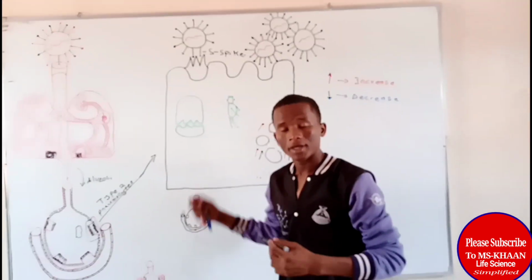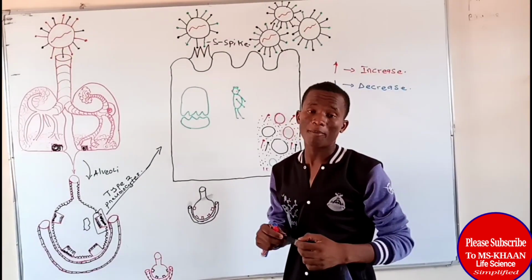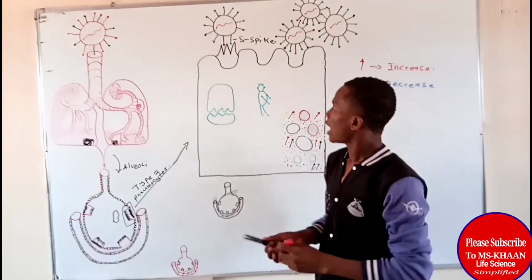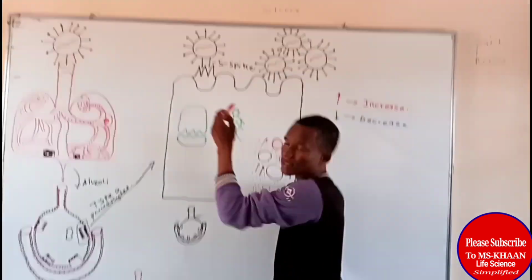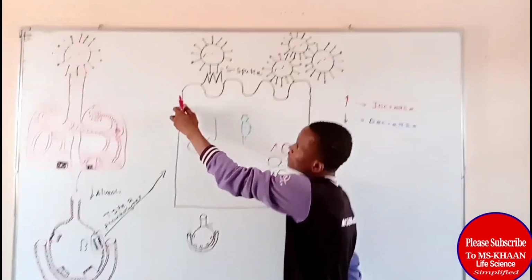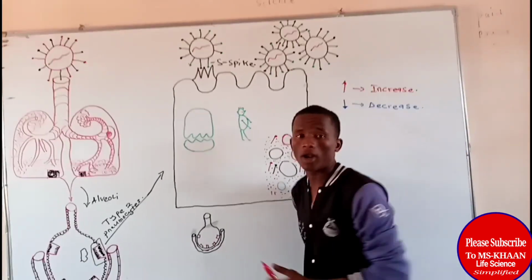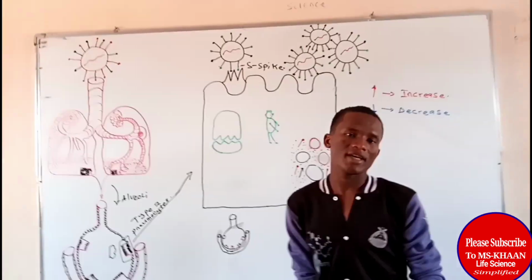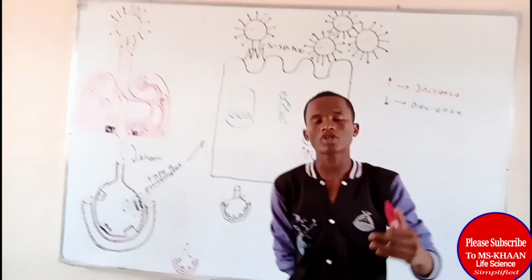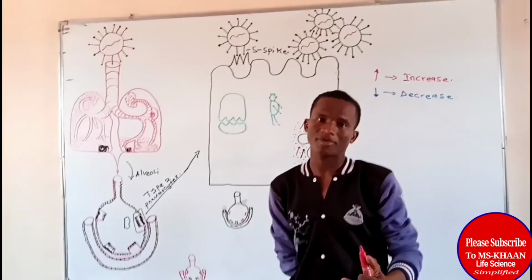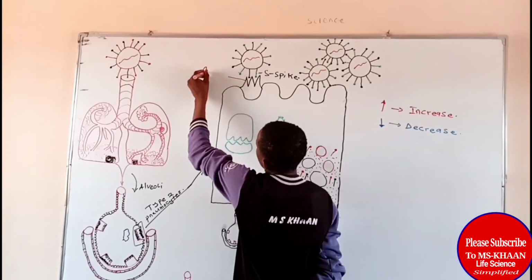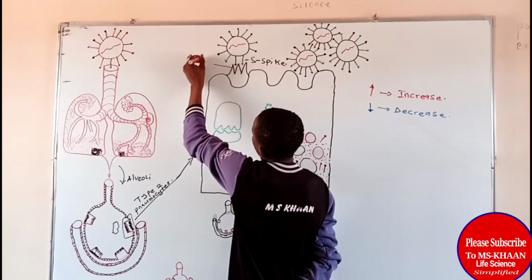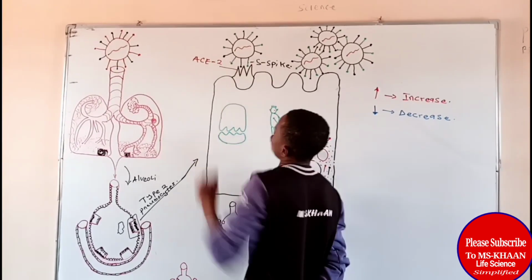This S spike has a receptor on the surface of this type 2 cell, which is called angiotensin converting enzyme type 2, shortened as ACE2 receptor. So this is the receptor for the virus.